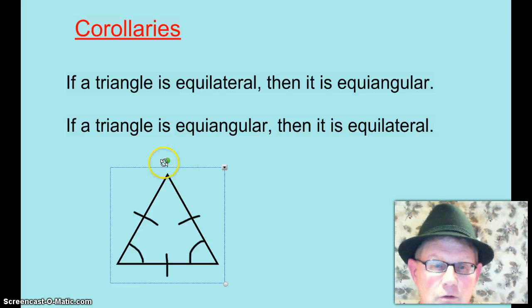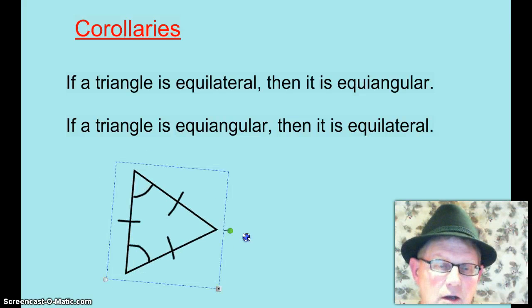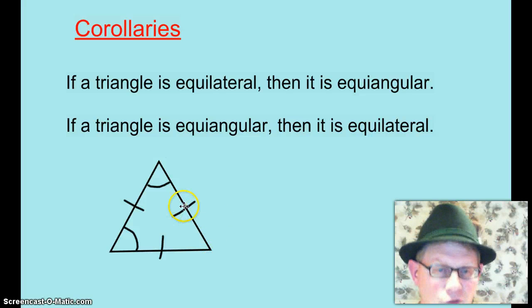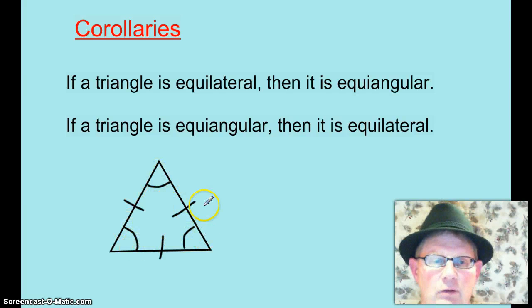Now we're going to rotate that 120 degrees. And we'll make some new base angles. These two sides are congruent, so the angles opposite are congruent. That makes this angle here congruent to that one. Base angle theorem. Hey, look! That equilateral triangle is equiangular.